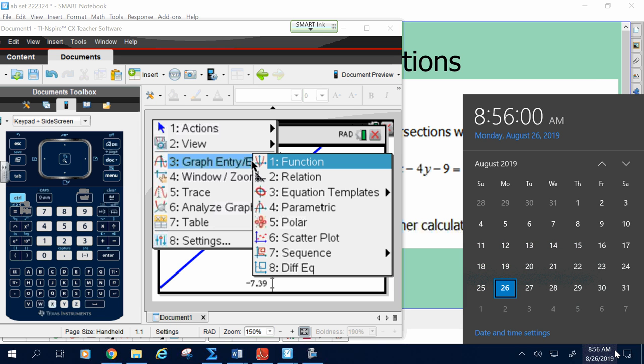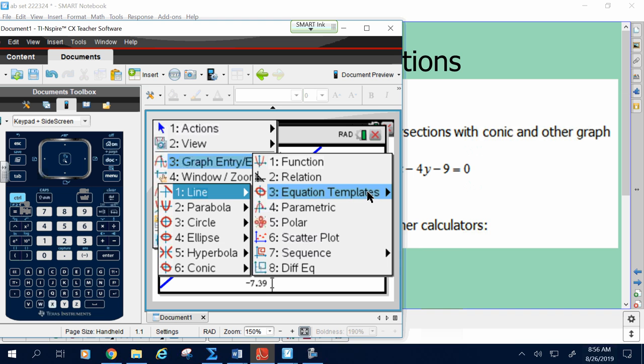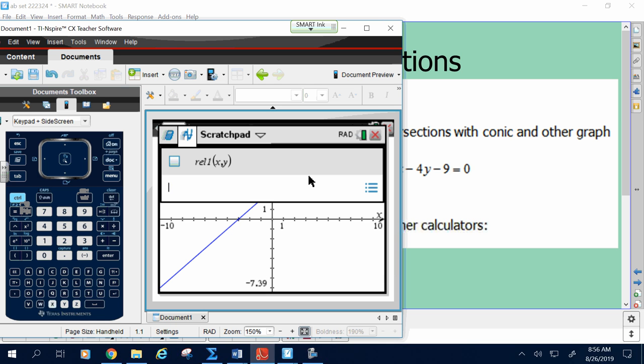So you could graph one of these, a general conic. I gotta be honest with you, I just always go to the relation idea. If you want to play around with the conic, then please do that, but I'm going to go to the relation. Are you with me?